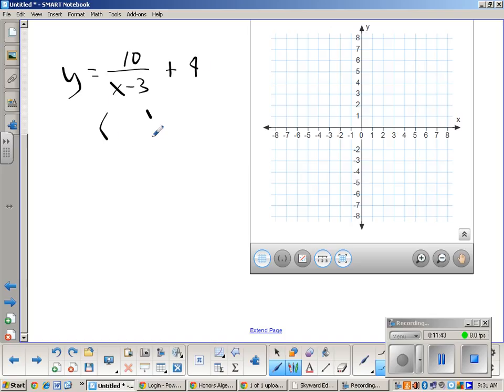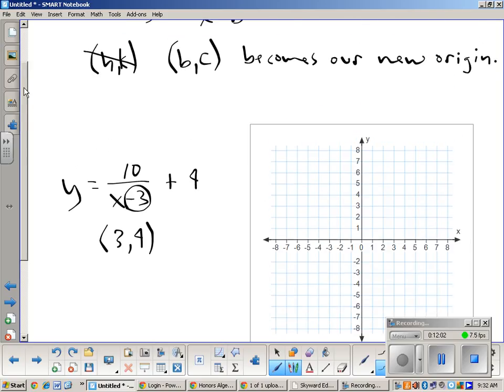What is my new origin going to be? Positive 3, positive 4. At first I heard some of you suggesting it's a negative 3 because that's negative.